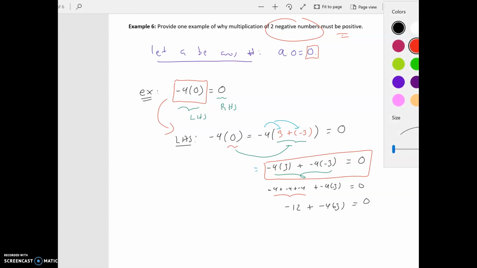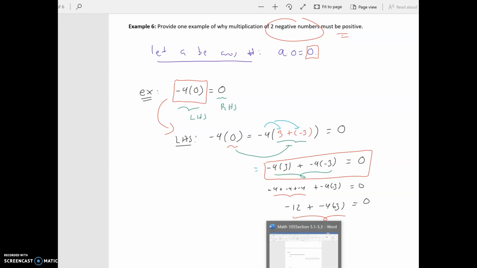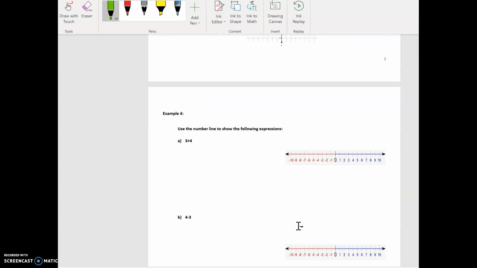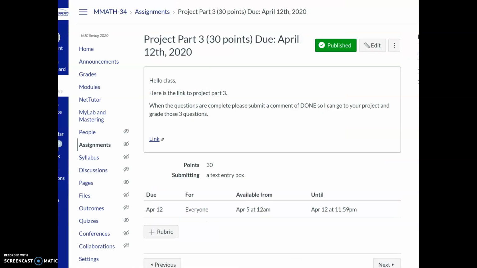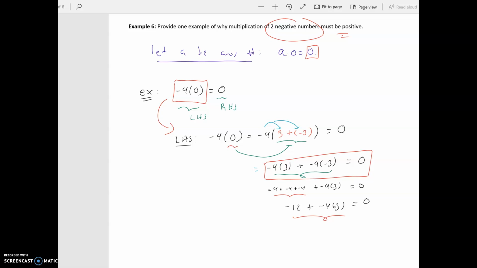Since the quantities on the left-hand side end up equaling 0, this is only true if you still have -12 plus 12 equal to 0.